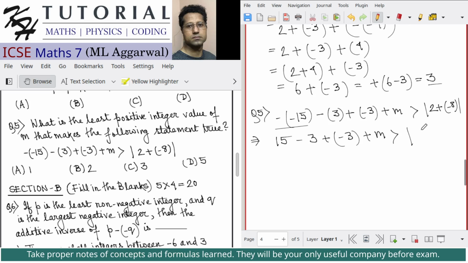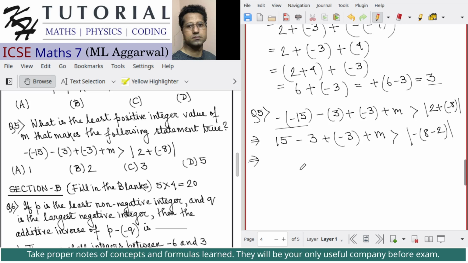So this will be definitely negative of 8 minus 2. Why? Because between 2 and minus 8, numerically the greater integer is minus 8. So it will be 8 minus 2, and the sign will be the sign of the numerically greater integer, which in this case is minus 8. Minus 8 is numerically greater than 2, and the sign of minus 8 is minus.